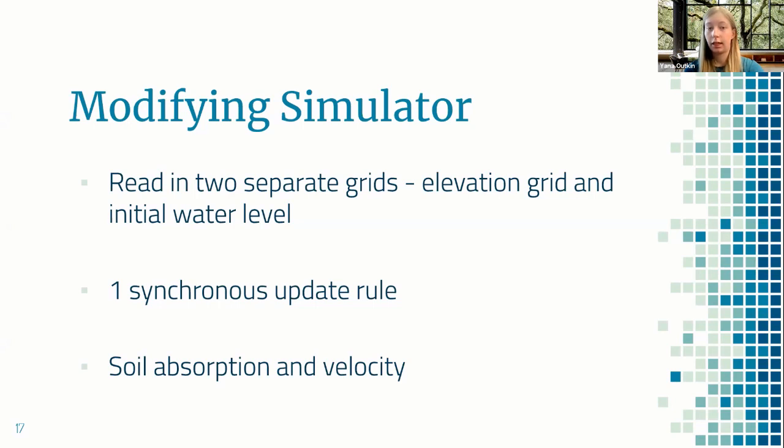I used a hexagonal grid, again so that the center of each cell is equidistant to all of its neighbors. And the update rule also makes it easier to account for more factors, such as soil absorption and the velocity of the water being transferred, because that can be directly incorporated into the update rule.